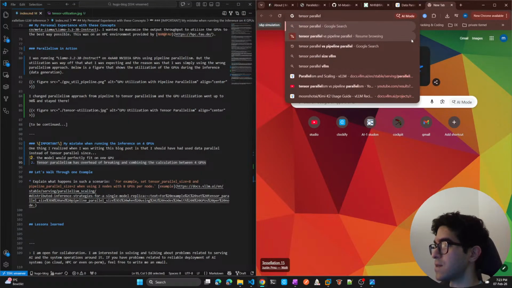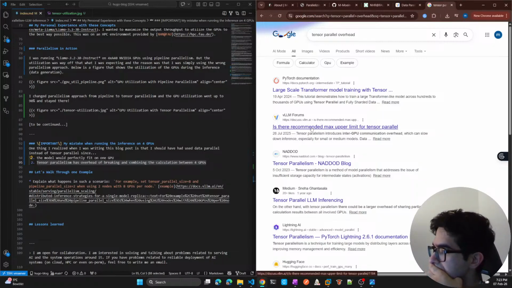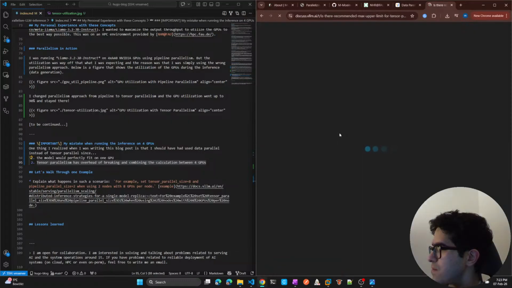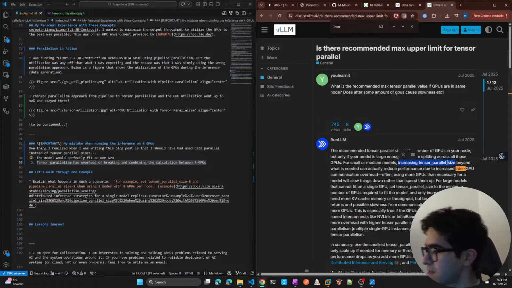Tensor parallel overhead. Okay, it says that increasing tensor parallel size beyond what is needed can actually reduce performance due to increased GPU communication overhead.